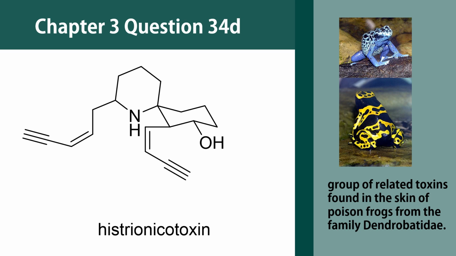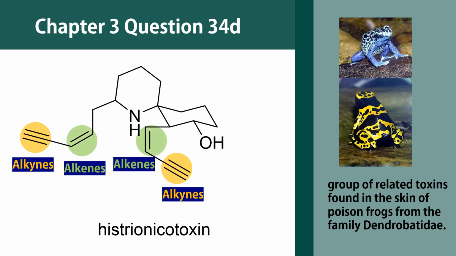When it comes to these questions to identify functional groups, first focus on the multiple bonds. For example, in this case, we identify the alkyne group, then the alkene group, then the amine group, and the last one, alcohol, a secondary alcohol. It's pretty straightforward, huh?